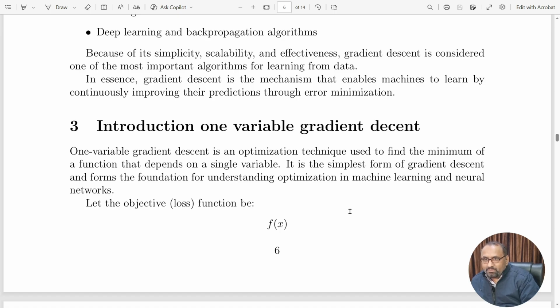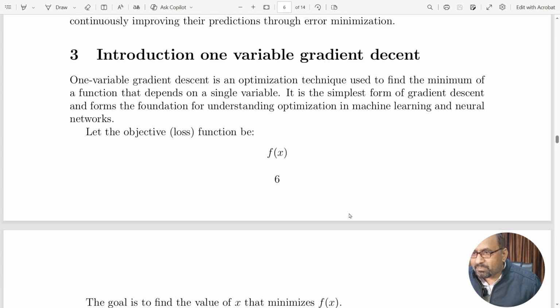It is the simplest form of gradient descent and forms the foundation of understanding optimization in machine learning and neural networks. This will also help you understand the two variable, three variable, and n variable cases. In the real sense, we have large data sets and many variables, so if we start from one variable gradient descent, this will help us understand.